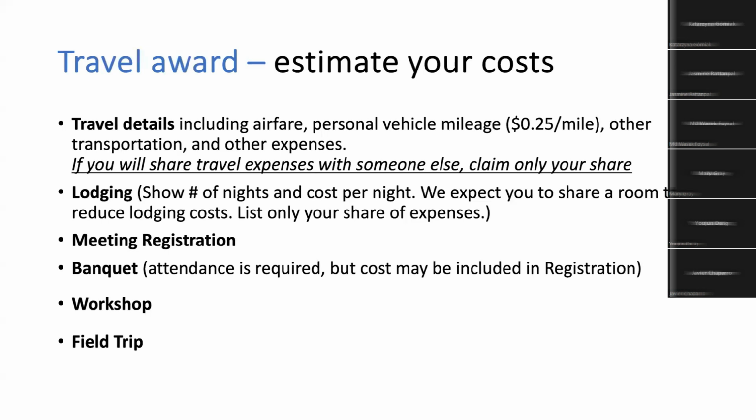For lodging, I usually suggest that you get an itemized receipt when you check out, a receipt that shows the number of nights and cost per night. And even though you're receiving an award, we still expect you to be budget conscious, try to make the funds go as far as they can, maybe share a room to reduce the lodging costs, and then list only your share of expenses.